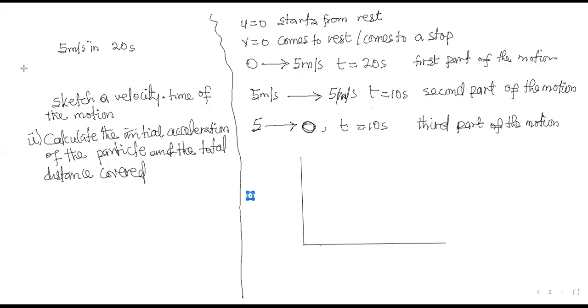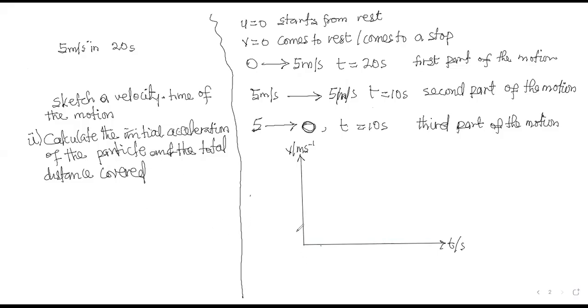Vertically, this is velocity, meter per second. Horizontally, this is time, t, in seconds.